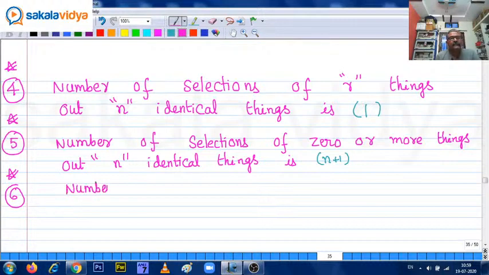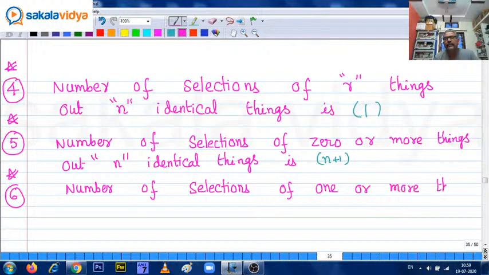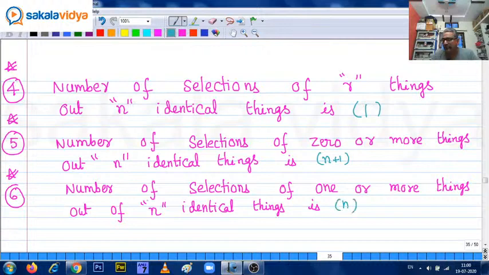Number of selections of one or more things out of n identical things is simply n, because 0 is excluded, only n ways. Okay, and one for the fourth point, yes, one only, right?